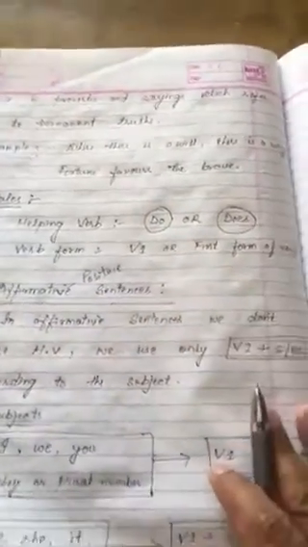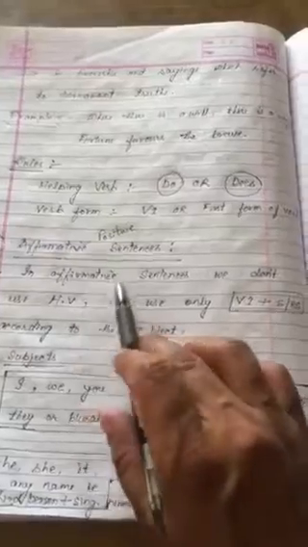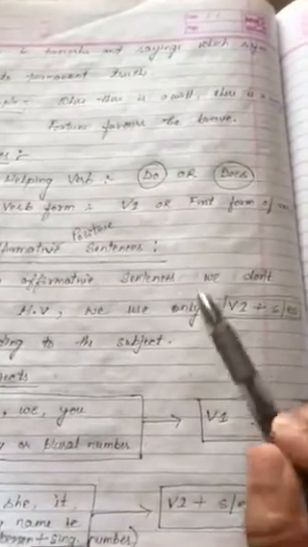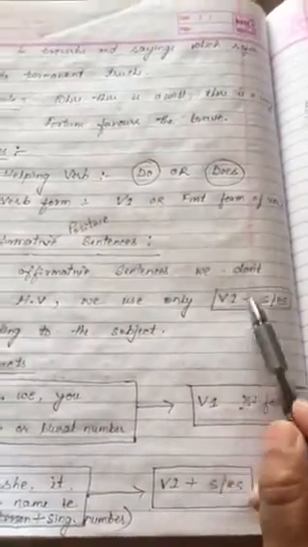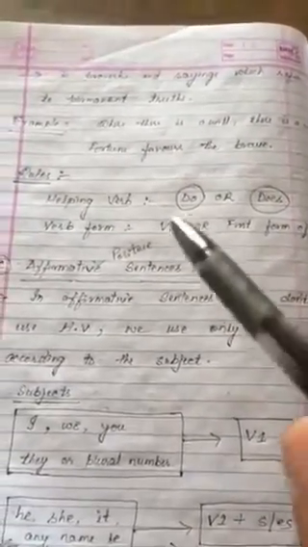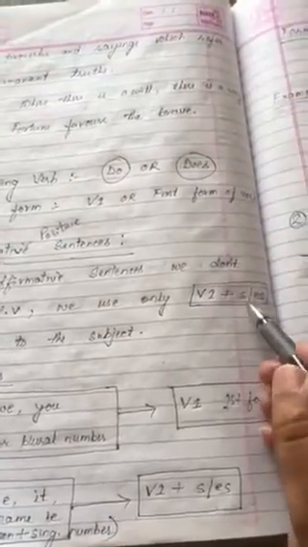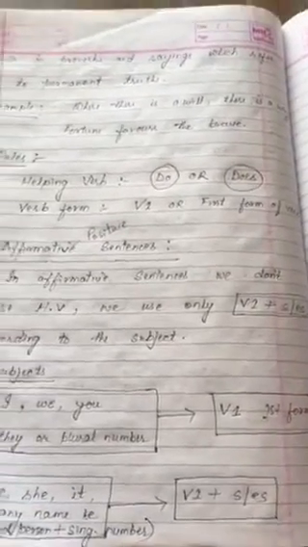So here in affirmative sentences we don't use helping verb. So what else we have to use? We use only first form of the verb V1 plus S or ES wherever required, or we can say according to the subject we have to use S or ES.